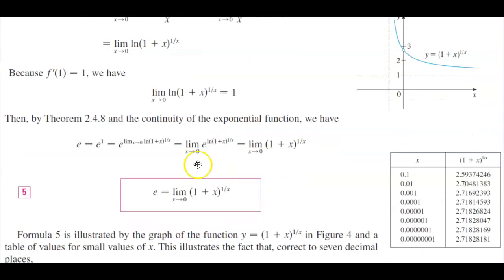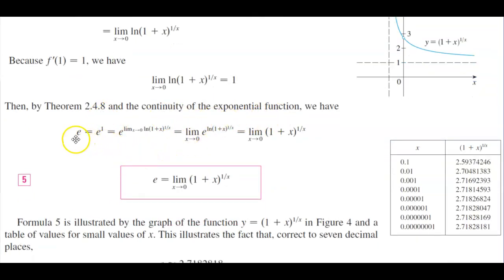Now, by theorem 2.4.8 and the continuity of the exponential function, we have e to the power of 1 is equal to e. Well, what do we know that 1 equals? Well, 1 equals this entire limit. So this is e to the limit as x approaches 0 of that function.